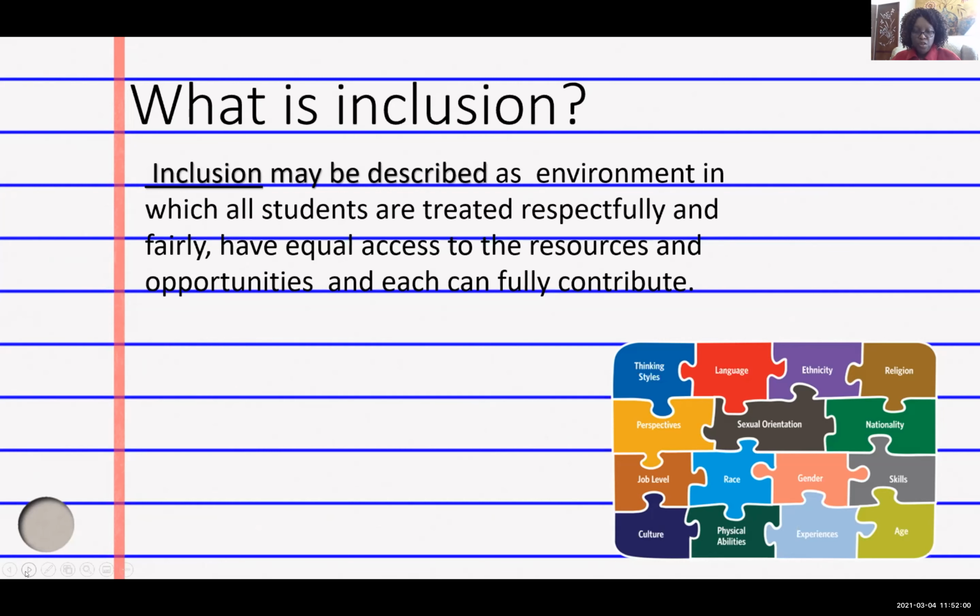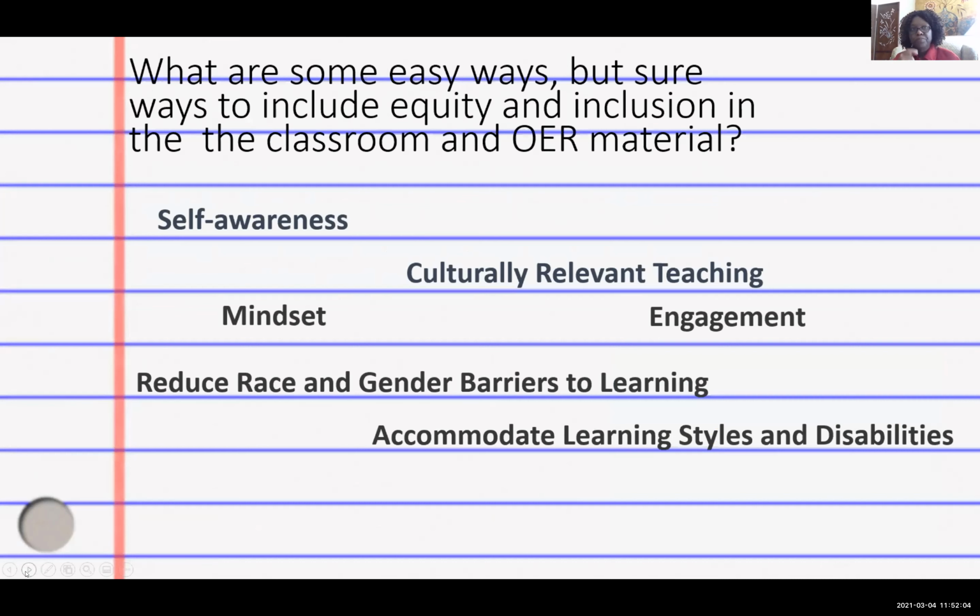And then when we look at the next area, we are talking about what are some sure ways you can include equity and inclusion in the classroom and in OER material.